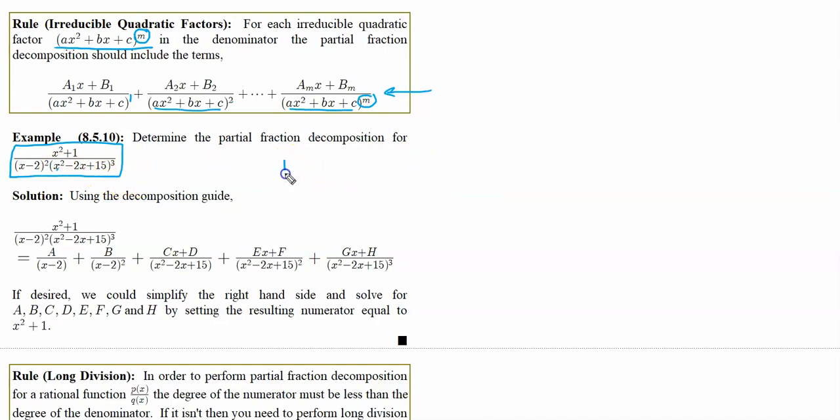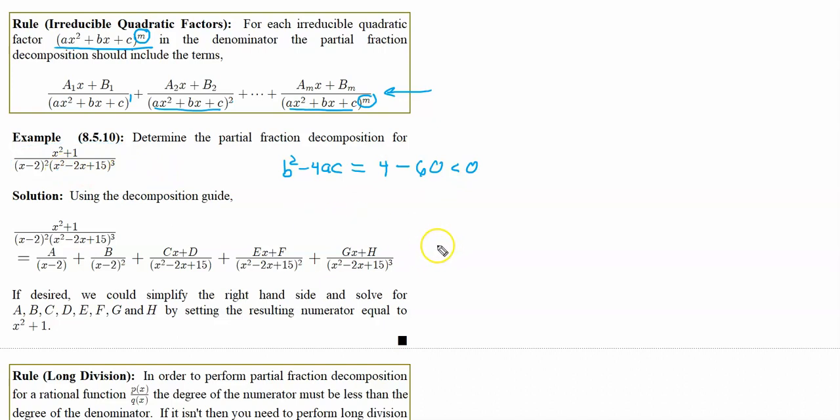If you look at the discriminant, b squared minus 4ac, you will see that this is negative. This is the term that's underneath the square root if you were to try to apply the quadratic formula. In this case, the b is negative 2, so you would get that this is 4 minus 4 times 1 times 15, which is 60. And yes, that is negative, so this is an irreducible quadratic.